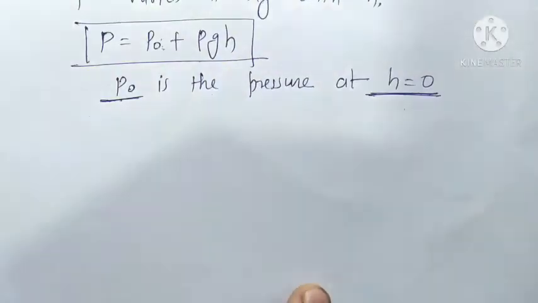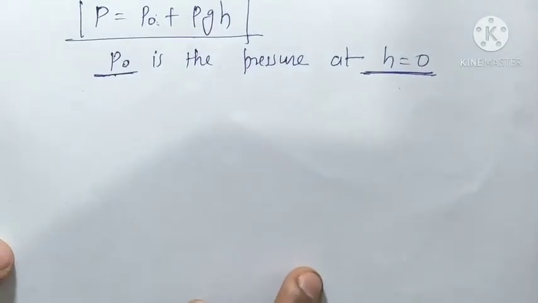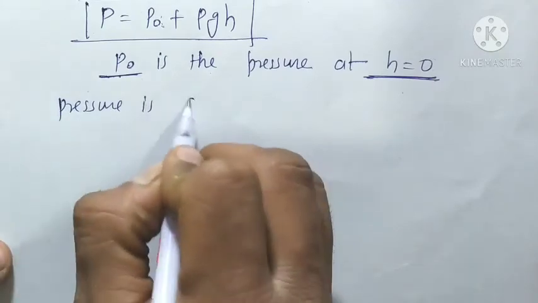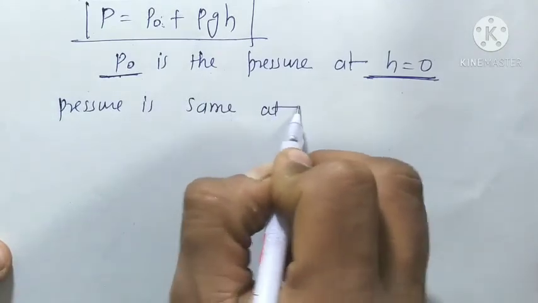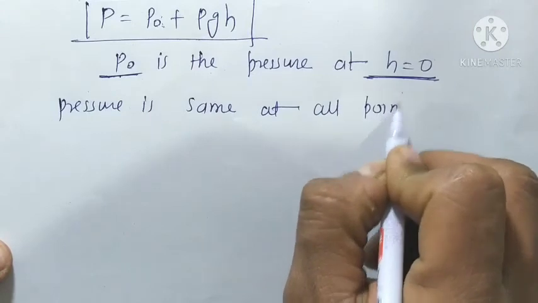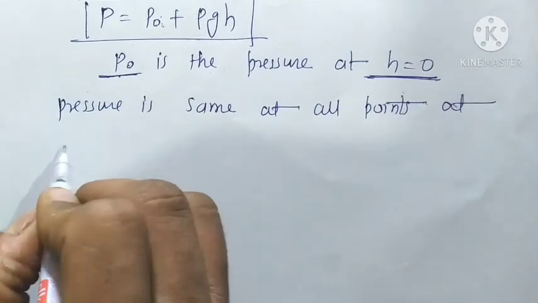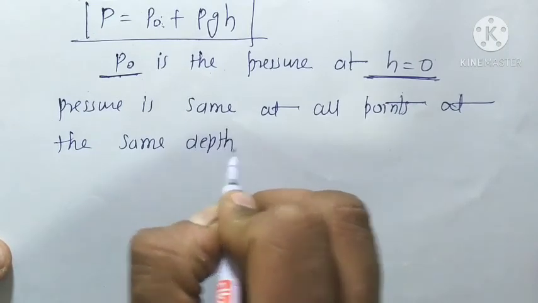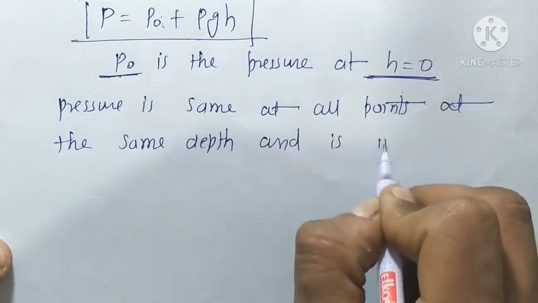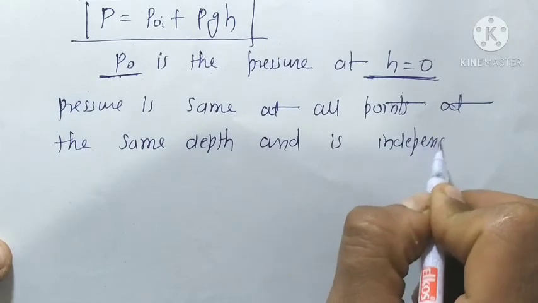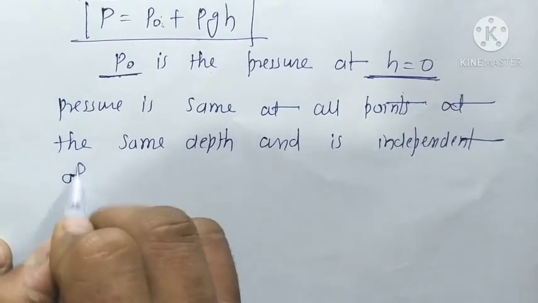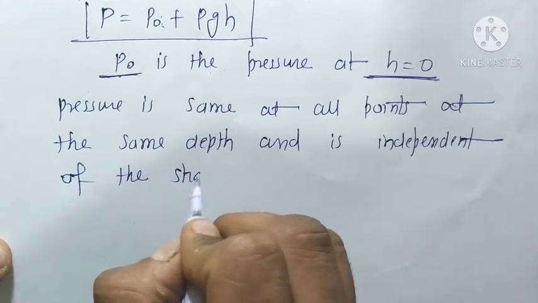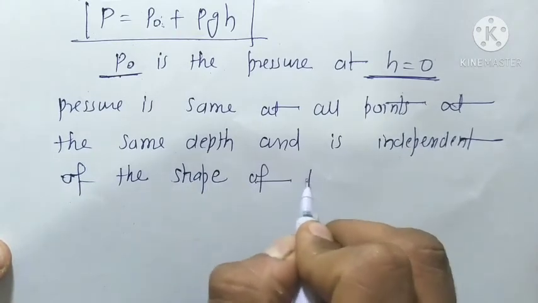So pressure is the same at all points at the same depth and is independent of the shape of the container.